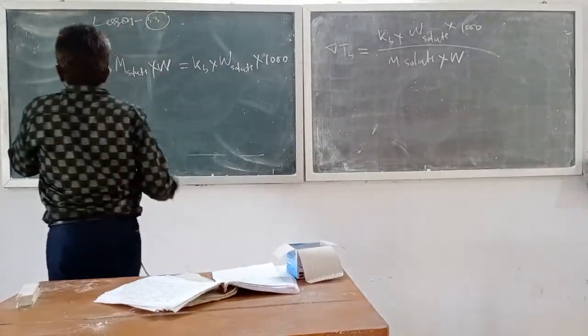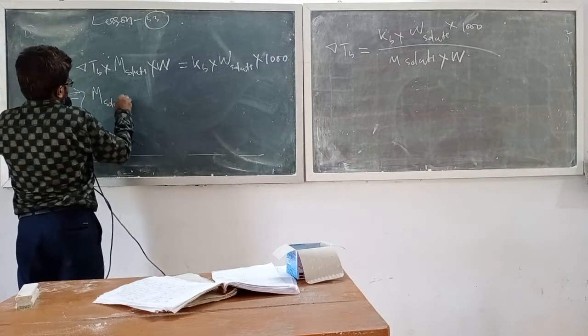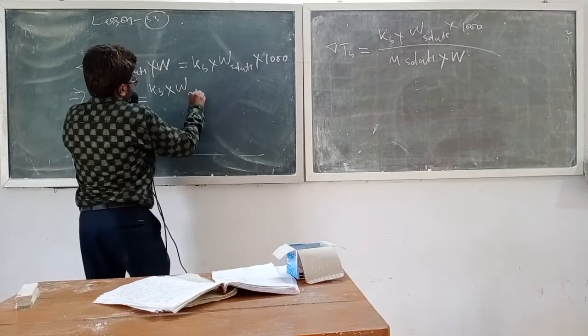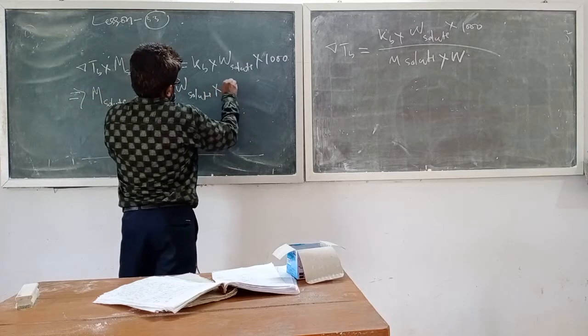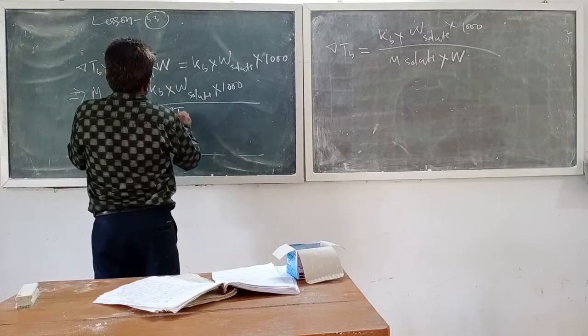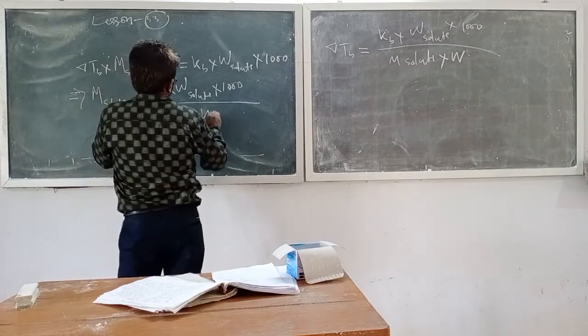So that implies M solute equal to KB into W solute into 1000 divided by delta TB into W.